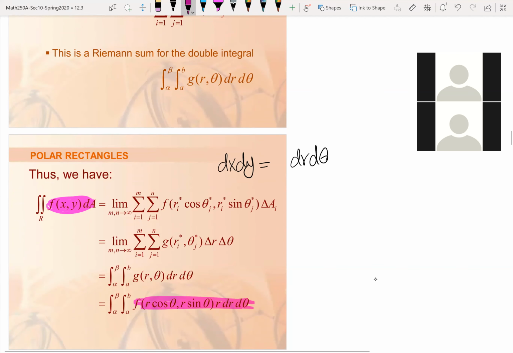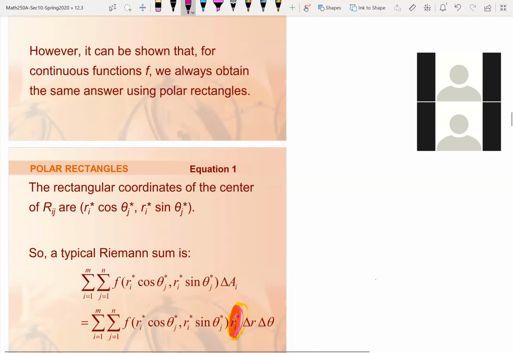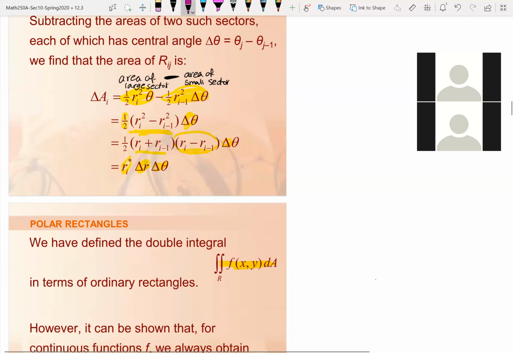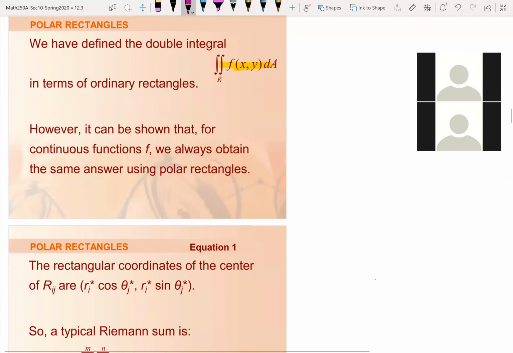It does have that extra factor of r. And why that extra factor of r is sitting there is because of the area of the sector, for the geometric reason I have explained right over here. So that r is always sitting there when you are finding the area of the sub pieces that you have made.